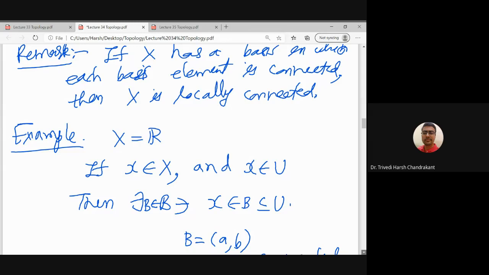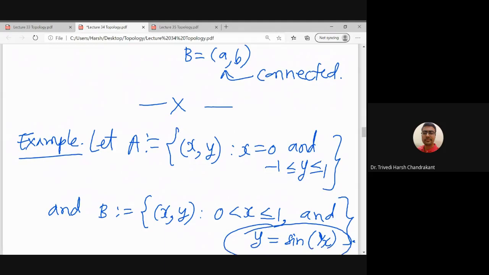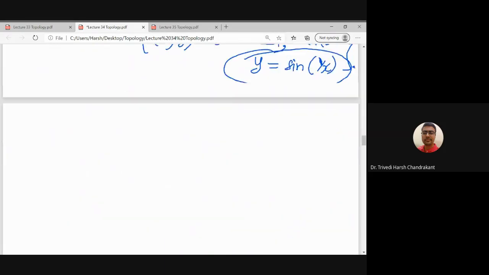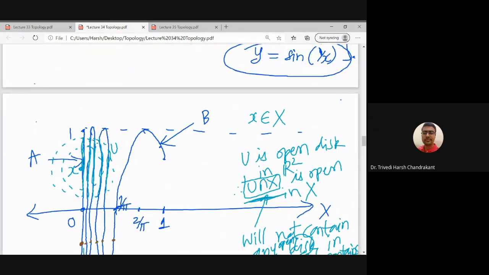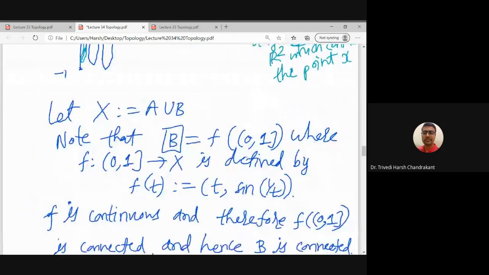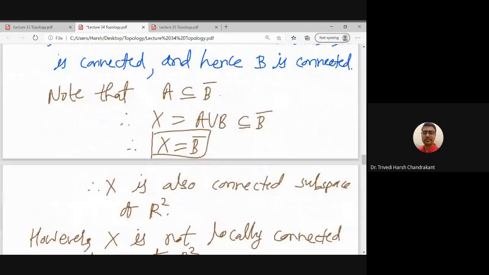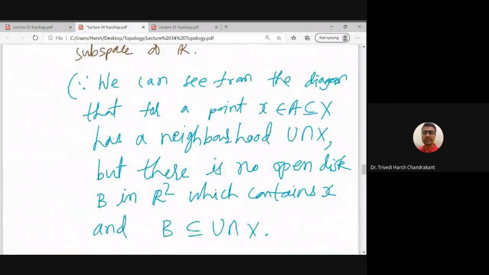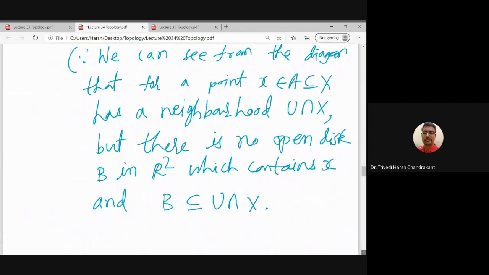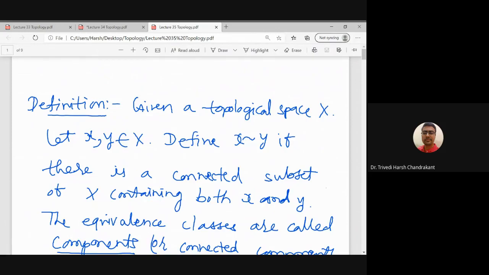Therefore, R and R2 are locally connected spaces. And we have seen one particular example using the sin x function, which is connected but not locally connected. So these are the examples of local connectedness and not locally connected spaces.